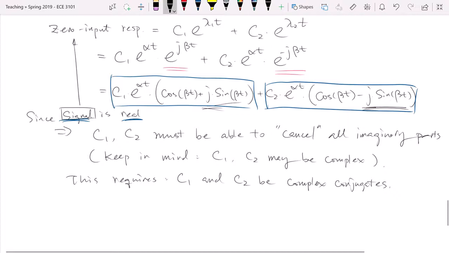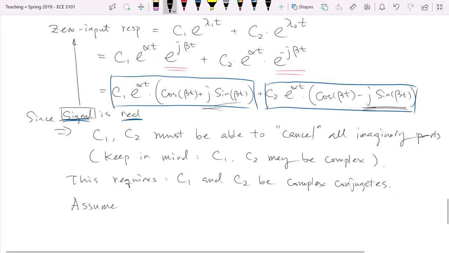Okay. The proof can be done by writing C1, C2 in terms of another pair of complex numbers, and you can plug in the equation, and if you want the imaginary part to cancel each other eventually for all t, you will be able to prove this as well. But since this is the case, I will directly use this result.